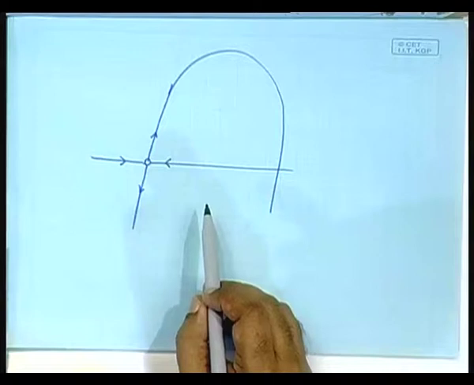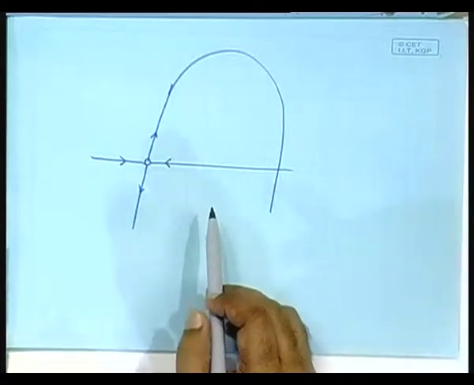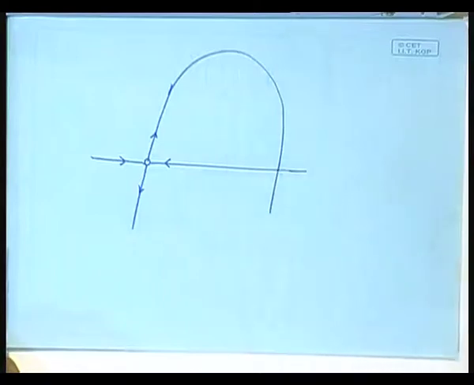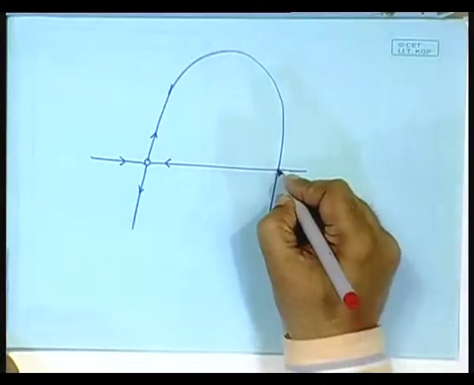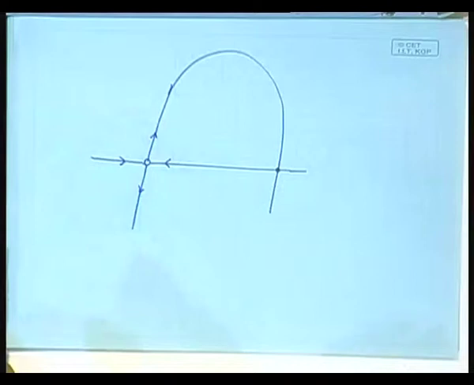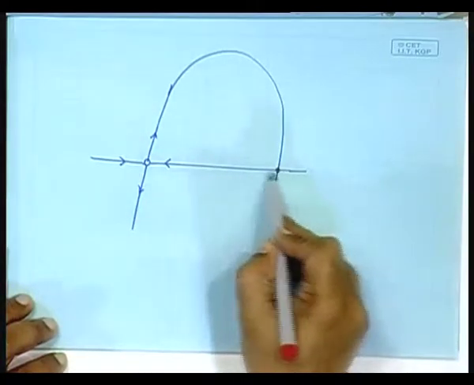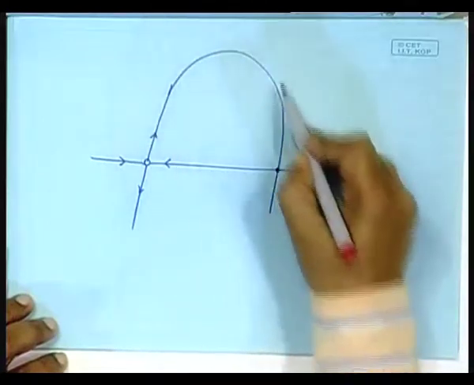There is no concrete logic you can provide that will say that no, the stable and unstable manifolds cannot cross. They can cross. Now, notice a very interesting thing that happens immediately. Notice this particular point. Now, this point is both on the stable manifold as well as on the unstable manifold.